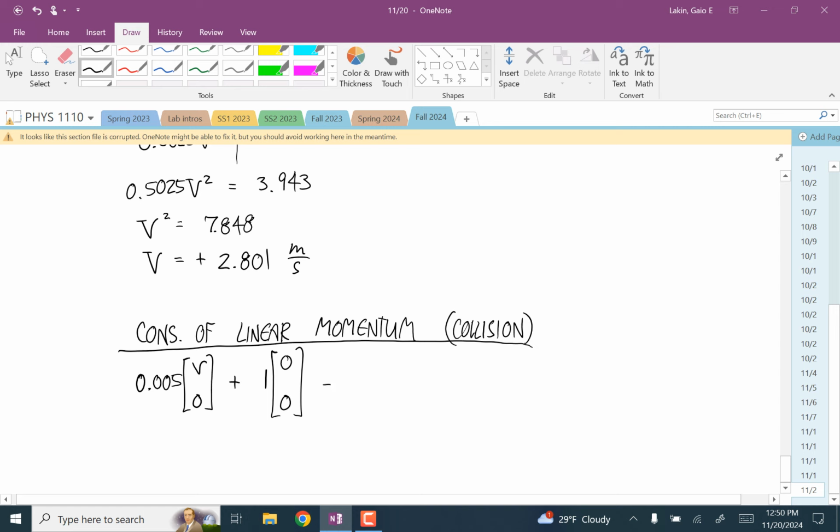And that's equal to, after the collision, a single object with those combined masses, so 1.005, times the velocity of 2.801 in the x direction and 0 in the y direction. This is the velocity we just calculated from the conservation of mechanical energy.